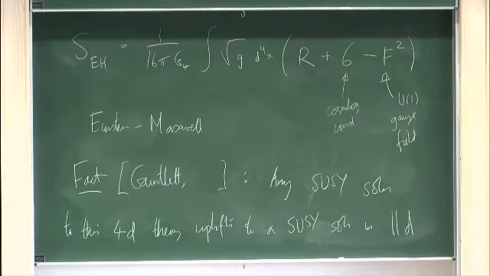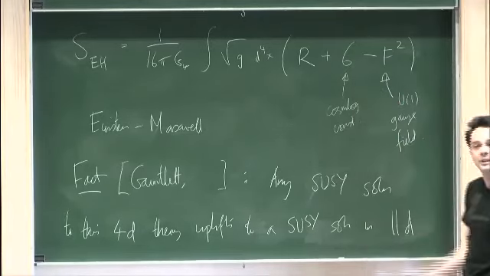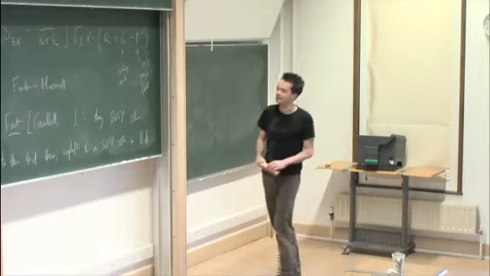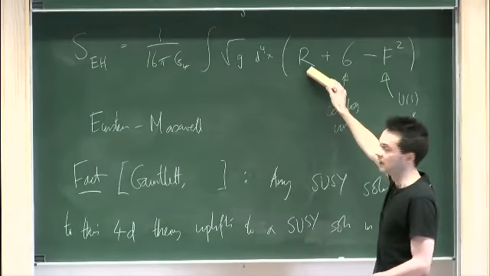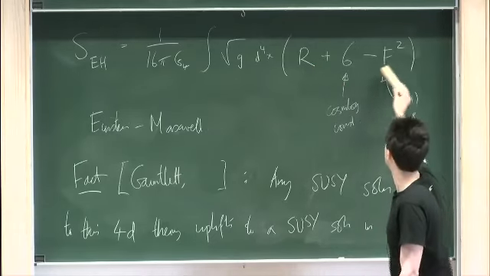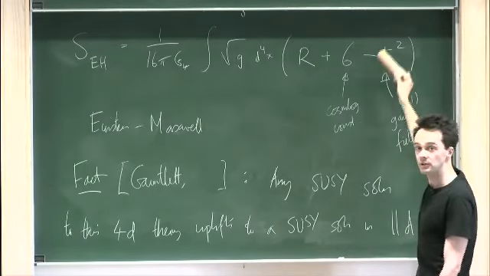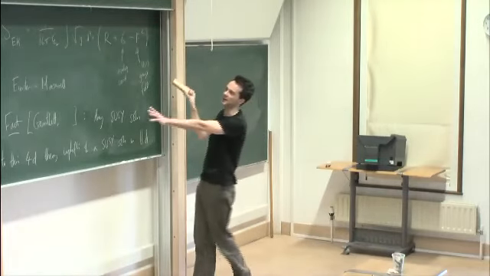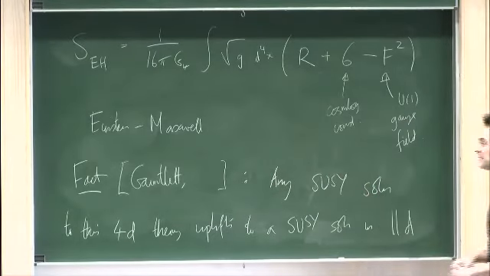But if I had a different solution, I would be able to uplift it to some 11D solution where the S7 is fibered over the 4-dimensional solution, and there's some fibration structure with this U(1) gauge field. I'm not going to write out the uplifting formula. You can maybe imagine what it looks like.